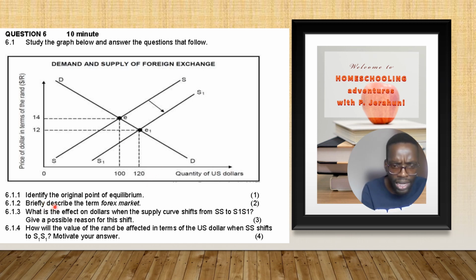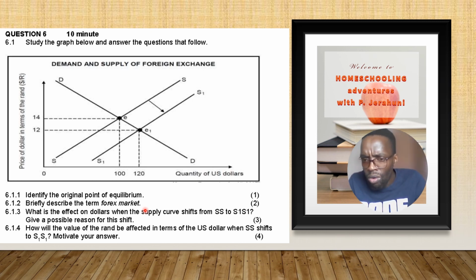Then the next question: briefly describe the term forex market. Remember, learners, a market is a place where buyers of goods and services as well as factors of production meet sellers of goods and services as well as factors of production, and they exchange these things for a price. That's the general definition we used in the lower grades.